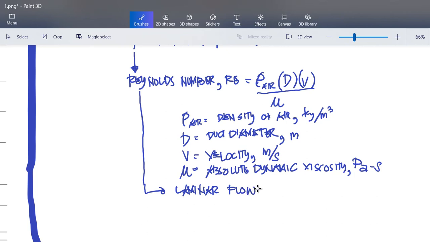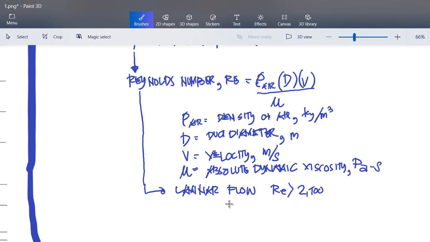So laminar flow exists if the Re is less than 2100. So it is laminar flow if the value of the Re is less than 2100.